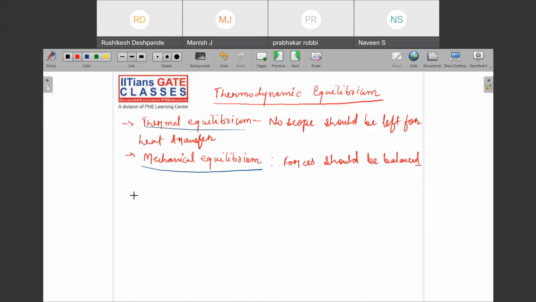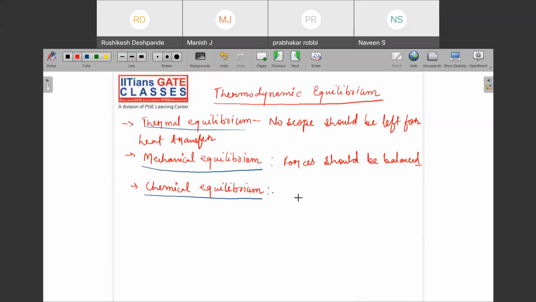Okay. And then the third one is chemical equilibrium. Very important, chemical equilibrium. What does chemical equilibrium mean? See, let us say you were analyzing a certain gas. Then this gas has its chemical composition.